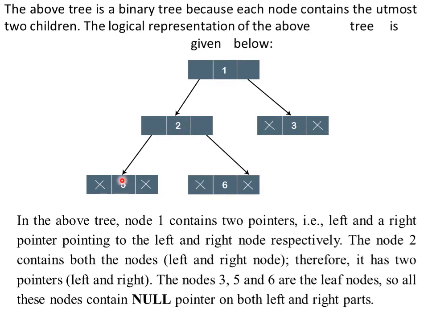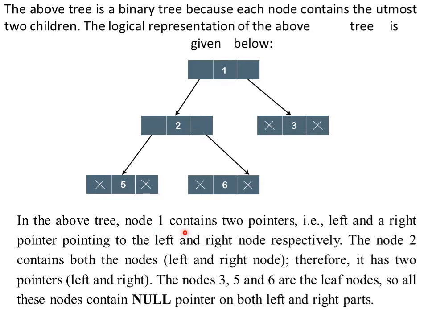The L link of 2 is connected to 5 and the R link of 2 is connected to 6. But for 3, we have put a cross on both sides, and here also a cross. This cross represents a null value. That means it does not contain any children, or it has not grown further.